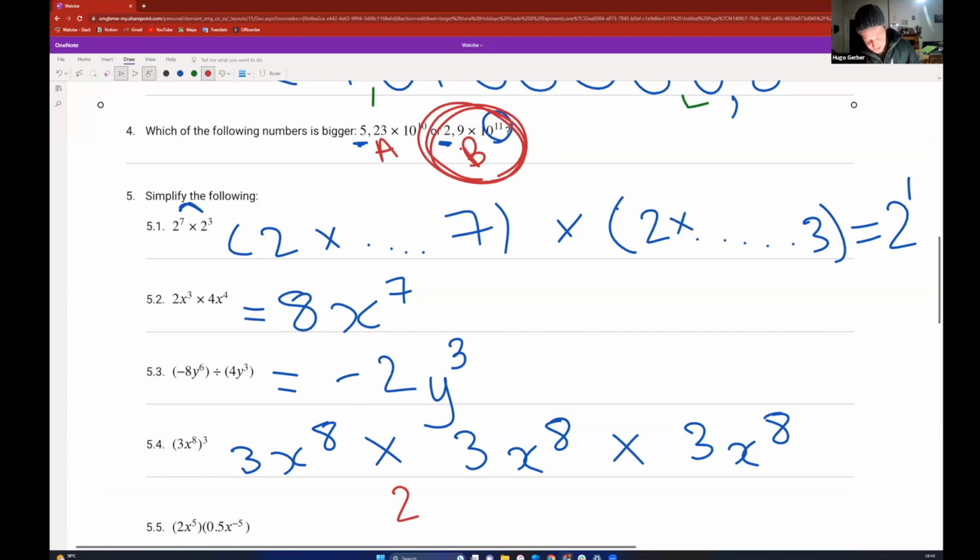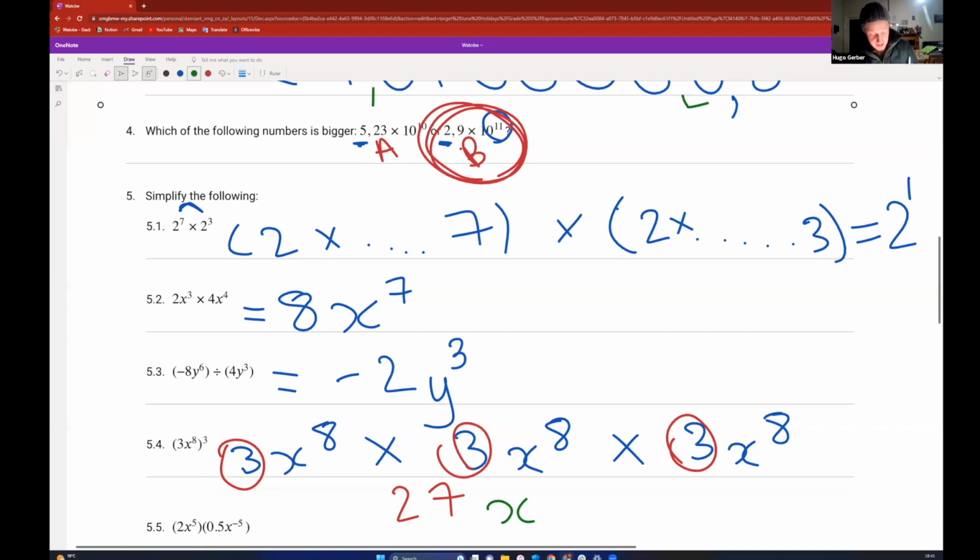Well done. 27, because we said 3 times 3 times 3. Okay. And then we have our x, because they remain the same. And then because we multiply, like we did in the previous ones, we can add our orders, okay?